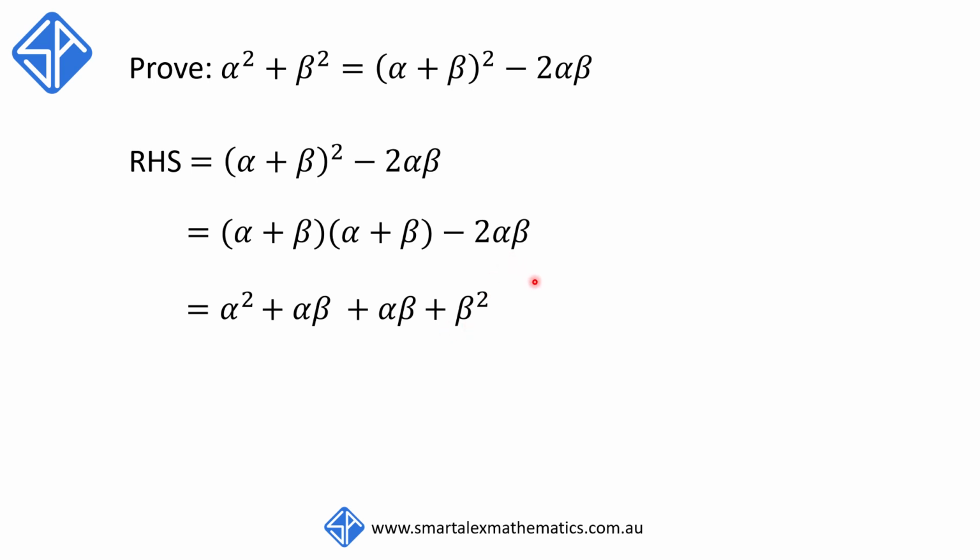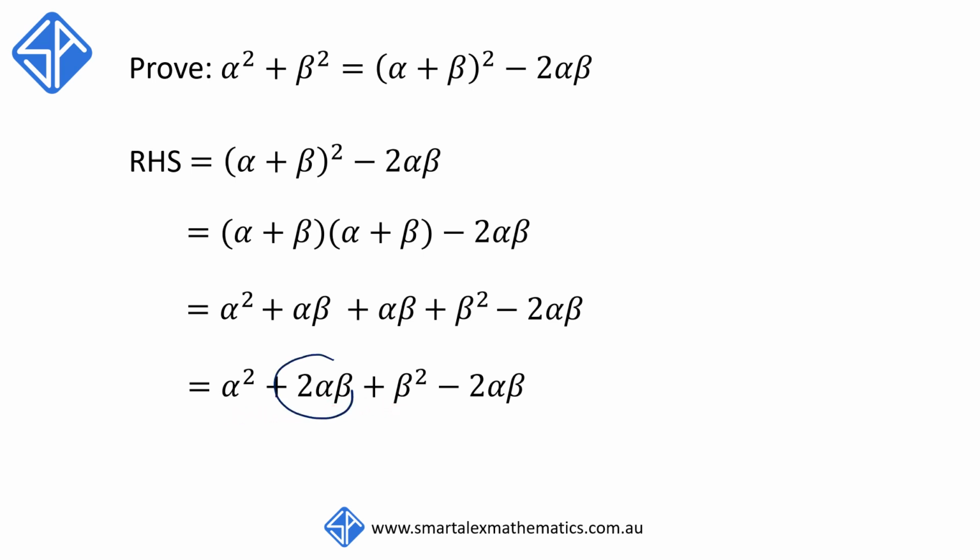And the minus 2 alpha beta comes down once again. Now we have got two like terms here, alpha beta plus alpha beta. When we collect them, we're going to get alpha squared plus 2 alpha beta plus beta squared. And now you can see that these two terms will cancel each other out, so that this expression just simplifies to alpha squared plus beta squared, which is equal to the left-hand side.